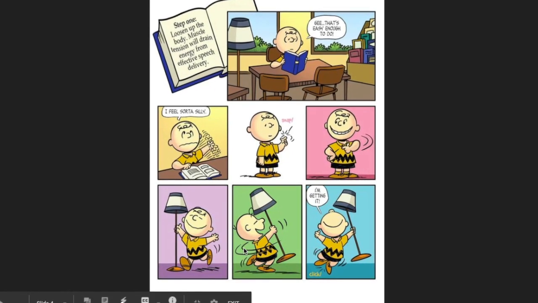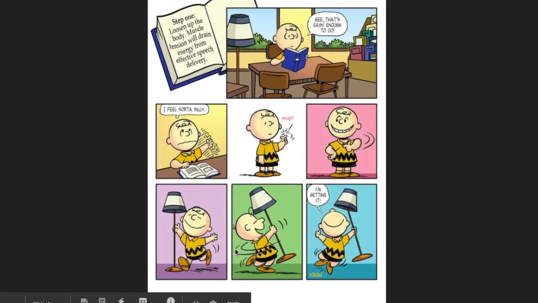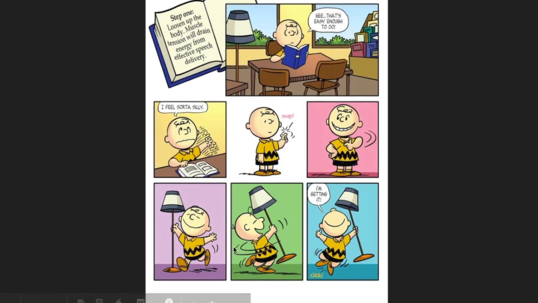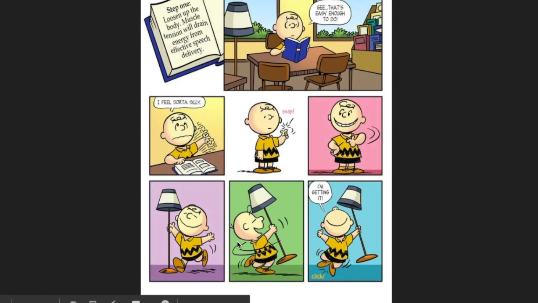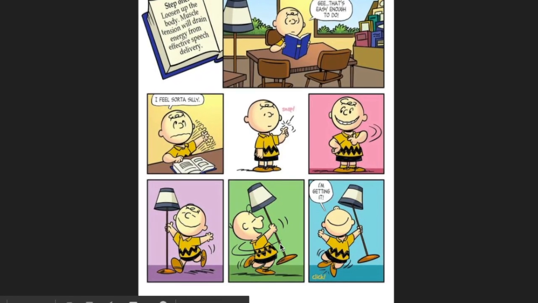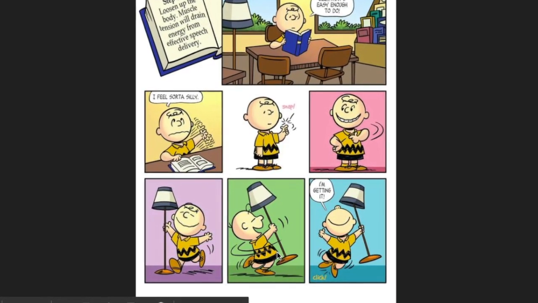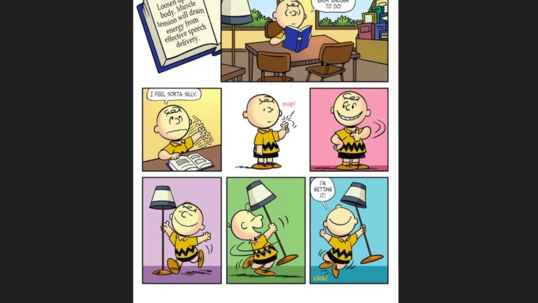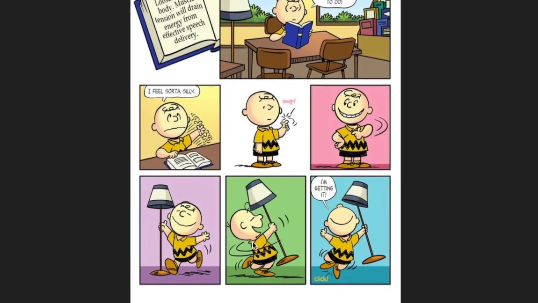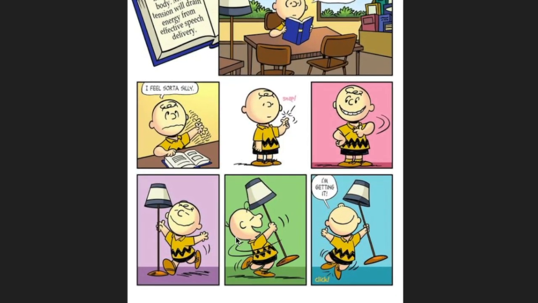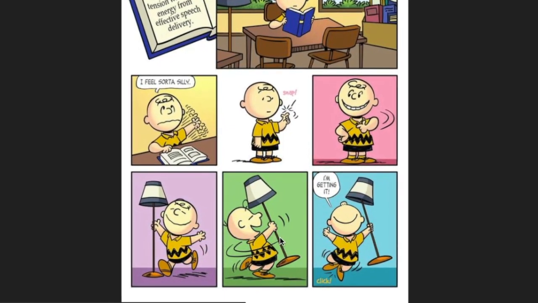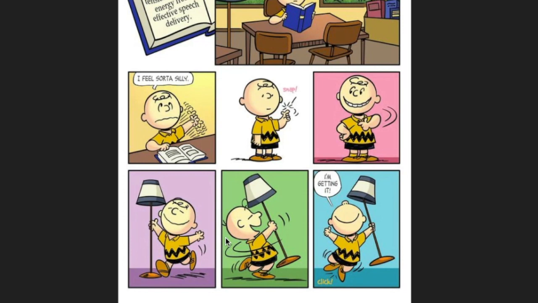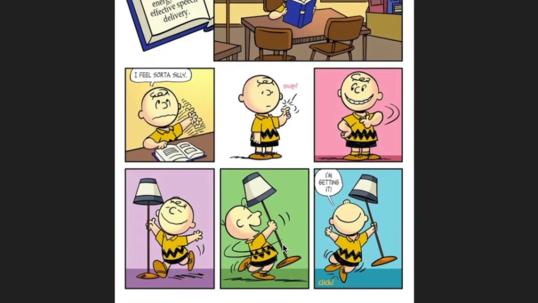And again, we see some interesting lines here. It makes me think these lines are maybe showing us where the object was before. So for example, when Charlie Brown is dancing with the lamp, maybe the lamp used to be over here, and as he's swinging it around, the lines are showing us where the lamp has been.